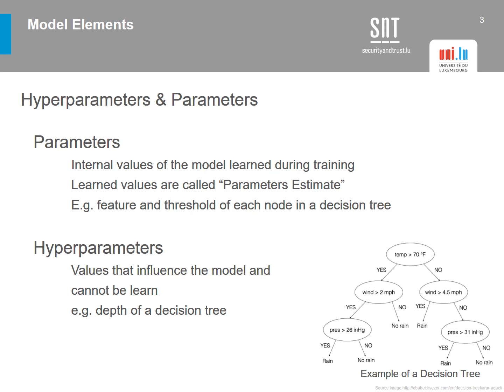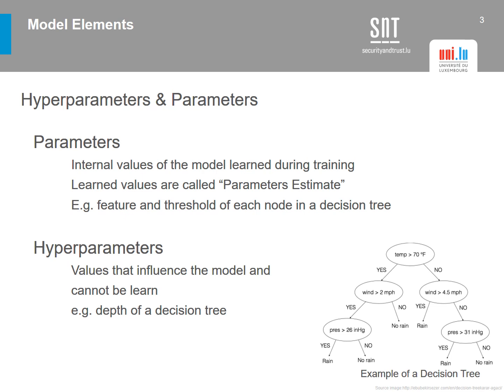An example of such a hyperparameter of our decision tree is the depth of the tree. It is the maximum number of nodes that we can evaluate to go to the leaf node, until the end of the tree, once we have new data coming.